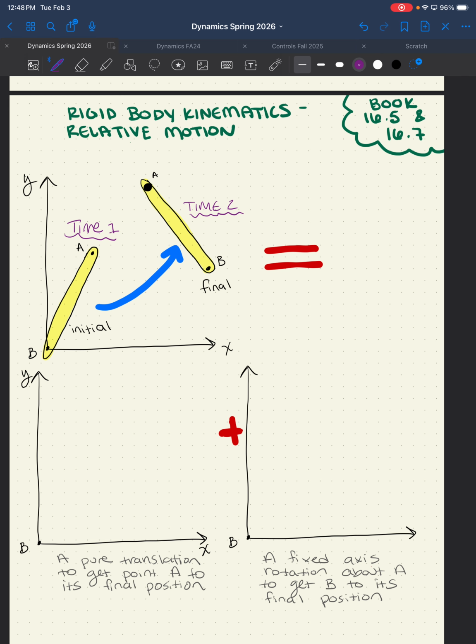Okay, so we have this very general planar motion. First, I'm going to show you how the translation portion of this works. So we might, for instance, take this body AB.